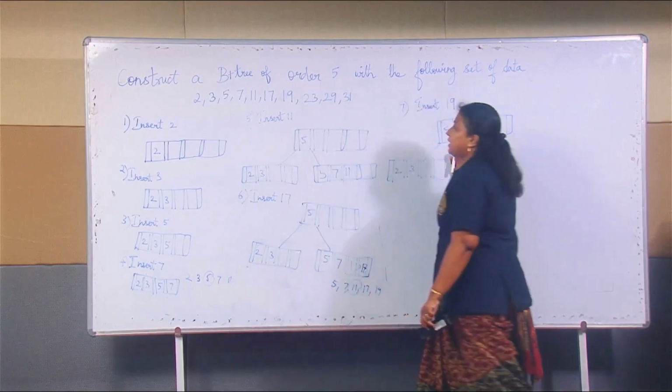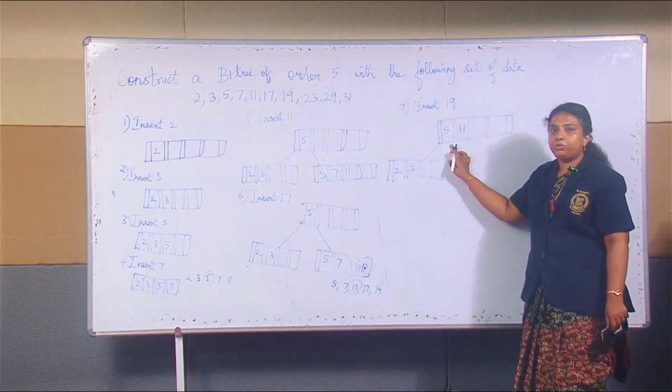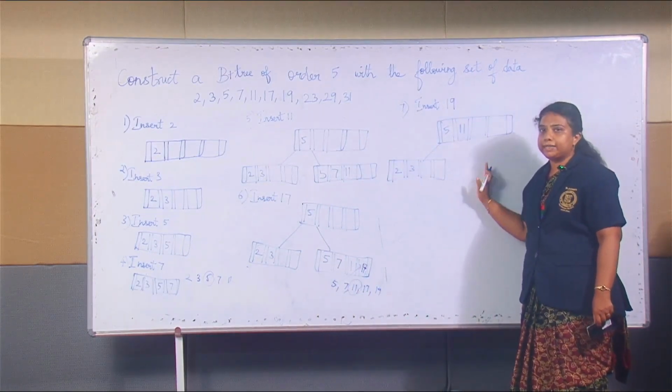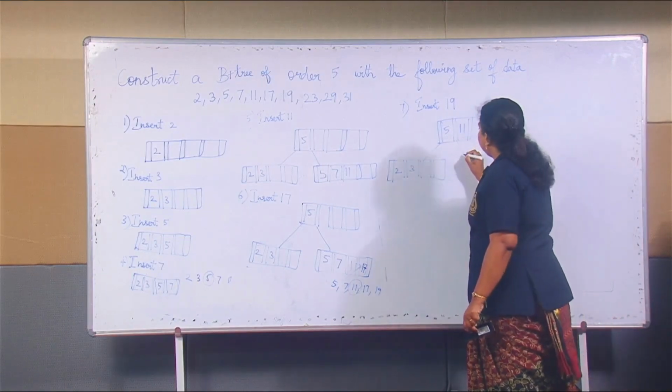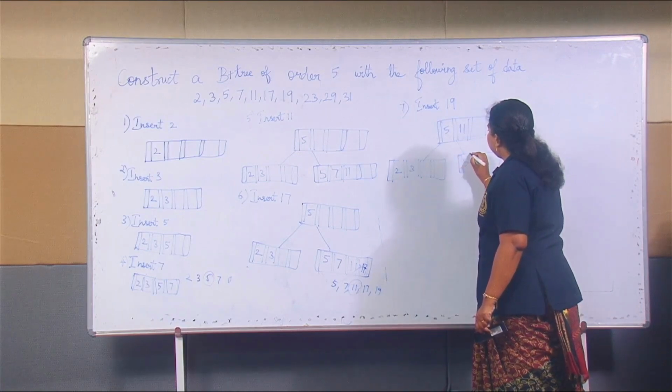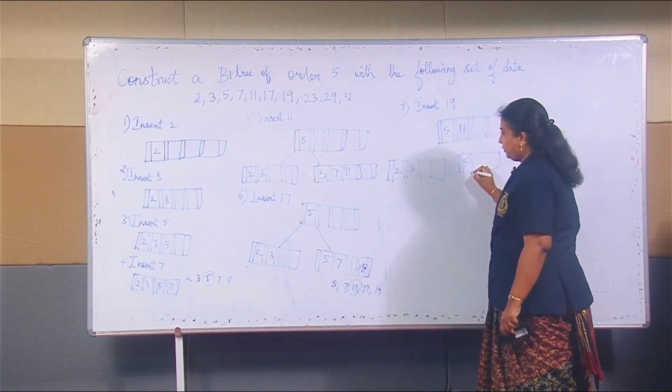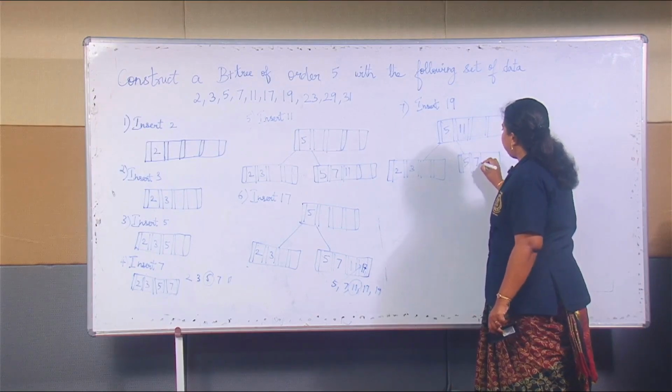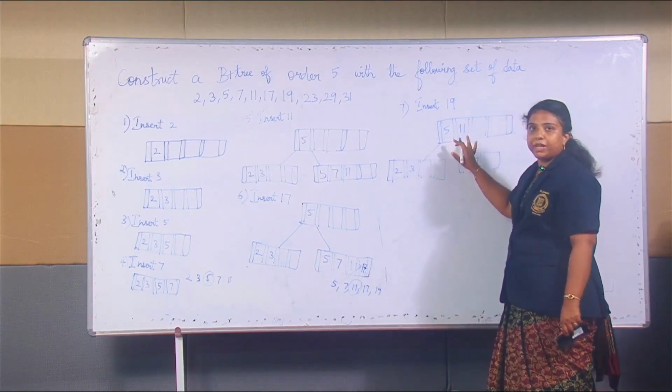While repeating the element from the root node, make sure you do the repetition on the right hand side. So 5 has to be repeated here. Then 7 can be placed here because 7 is between 5 and 11.